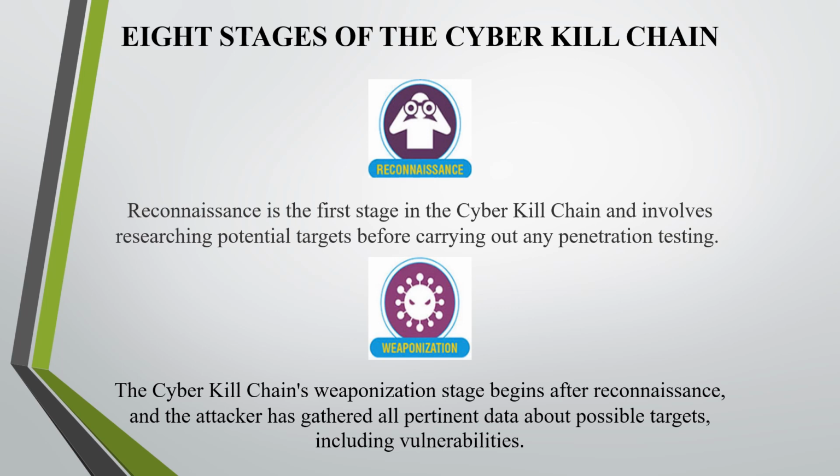The second stage is weaponization. The weaponization stage of the cyber kill chain begins after reconnaissance, when the attacker has gathered all pertinent information about possible targets, including vulnerabilities. It's the culmination of an attacker's planning, the production of malware that will be utilized against a designated target, making current tools into new forms of malware or altering them to use in cyber attacks.